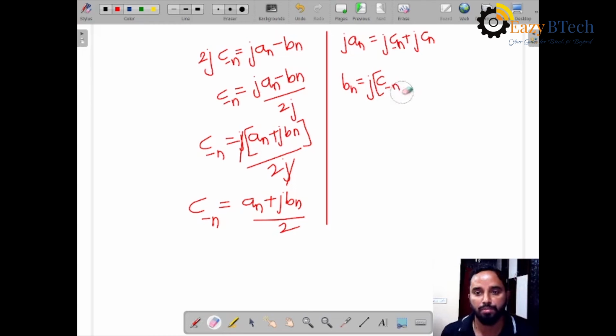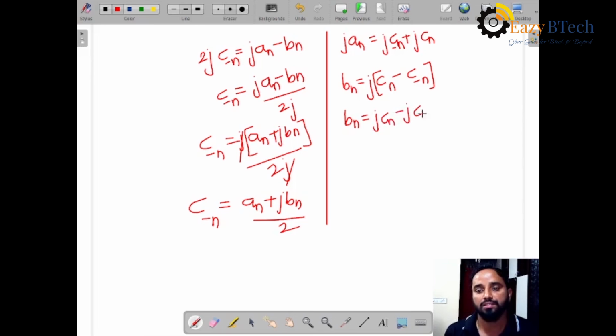So J C plus n minus J C minus n. This is the Bn we have. Okay. So now split this. So Bn is equal to J Cn minus J C minus n. Right?